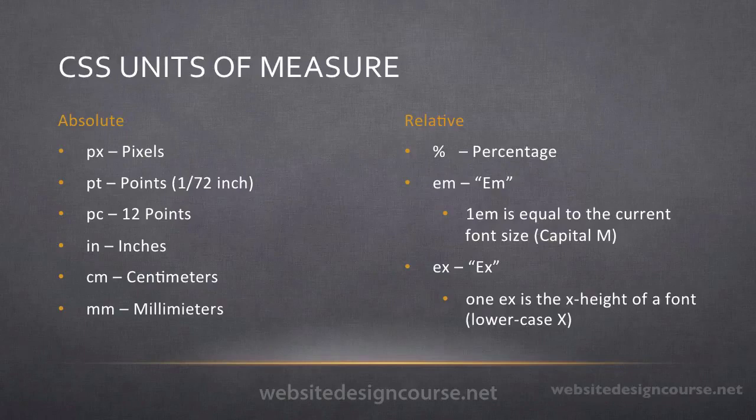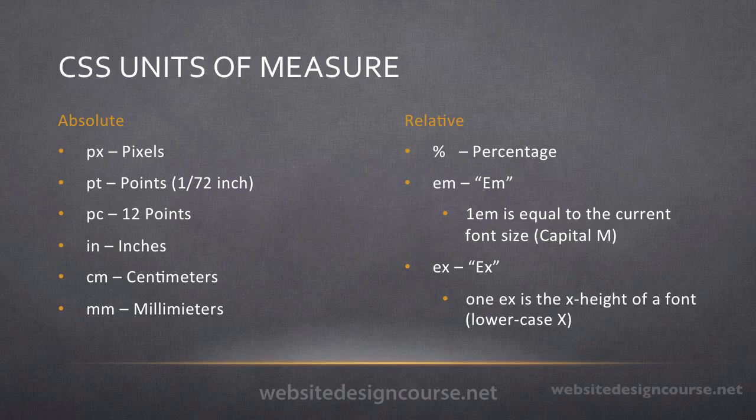That comes from the printing standard with points. I'm sure you're familiar with points from Word and other software, 12-point font, 14-point font. Picas is just simply referred to as 12 points. And then an inch is an inch, a centimeter is a centimeter, and a millimeter is a millimeter. Those values don't ever change. They're always absolute. So we can use any of these units of measure in CSS.